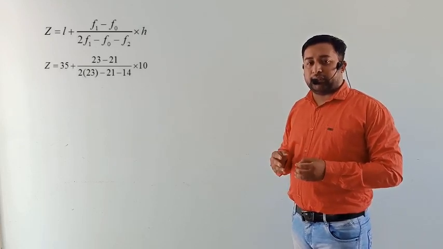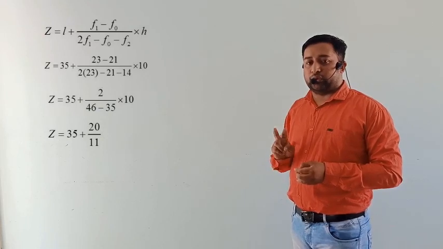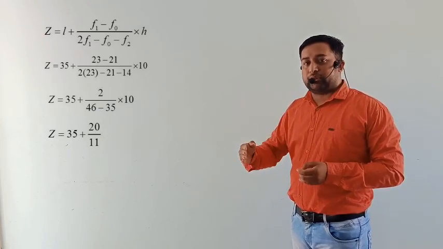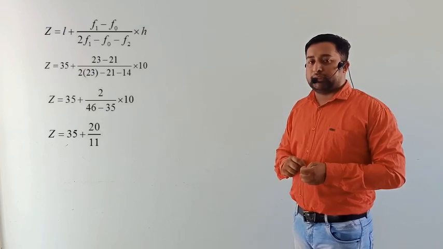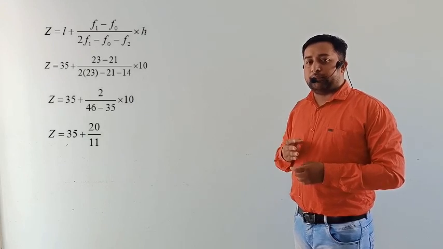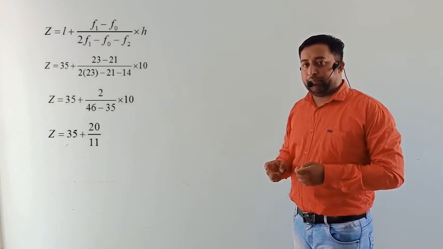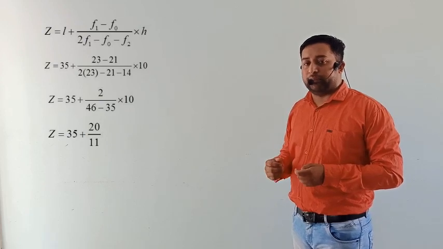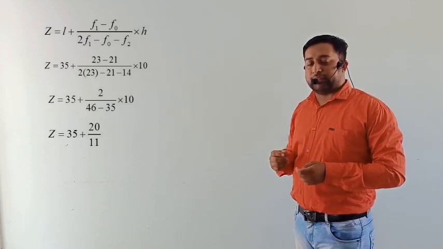Now in the numerator, 23 minus 21 is 2, and in the denominator 2 times 23 is 46, minus 21 minus 14 is minus 35. In the next step, 2 multiplied with 10 is 20. In the denominator, 46 minus 35 is 11.